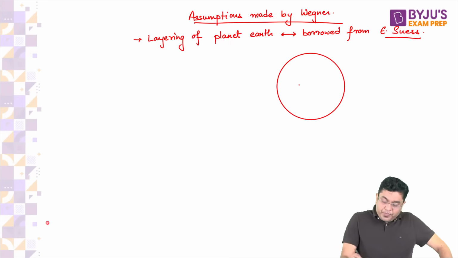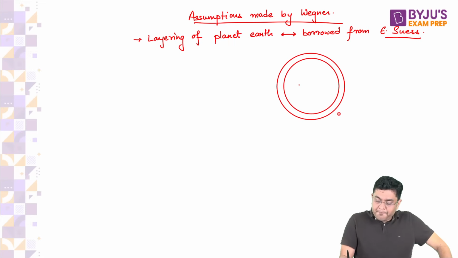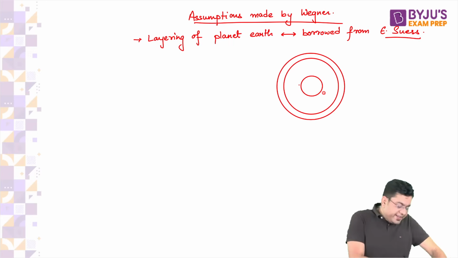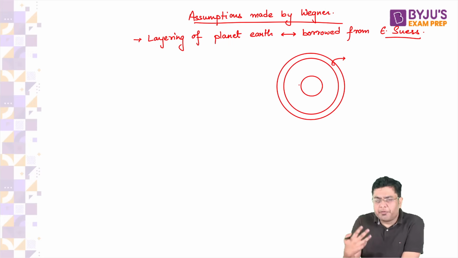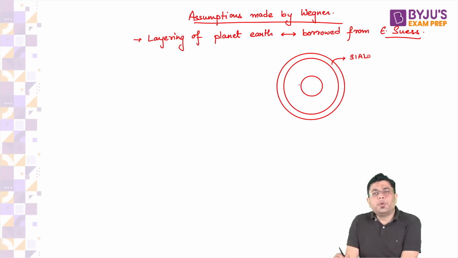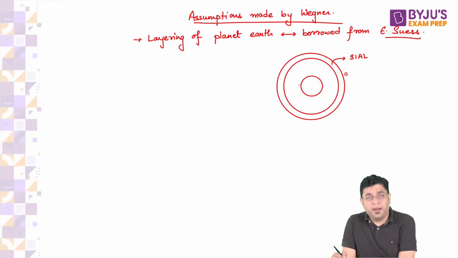The topmost layer, which we refer to as the crust, he said is made up of silica and aluminium, and that is why it will be referred to as sial.